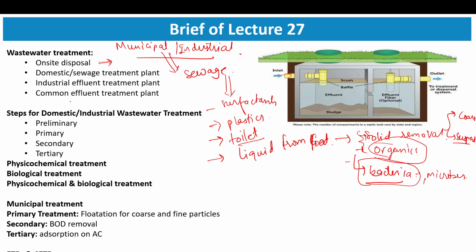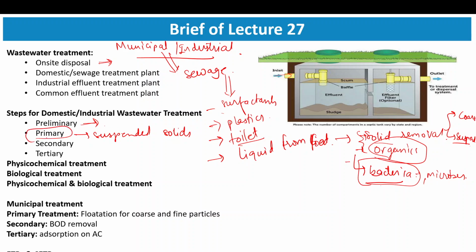If we talk about domestic sewage treatment plants, preliminary treatment will mainly take care of the coarse material, for example any plastic waste or flowers or such things, which can be removed through preliminary treatment. Next is primary treatment, where you remove suspended solids, and here coagulation, flocculation, and sedimentation take place.